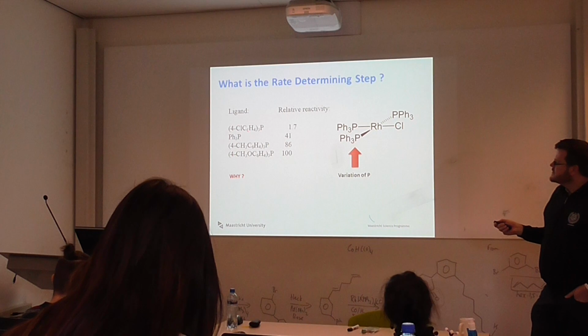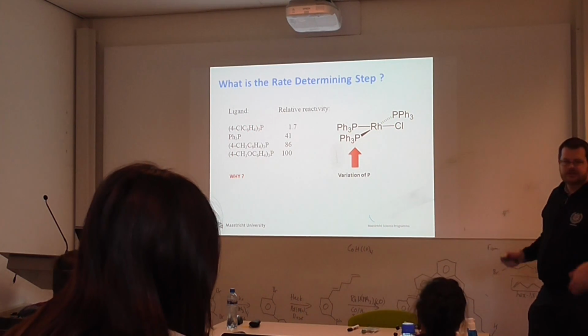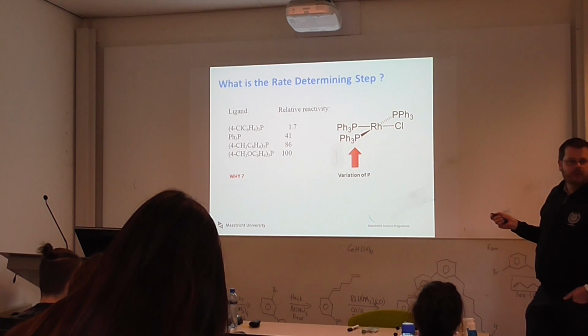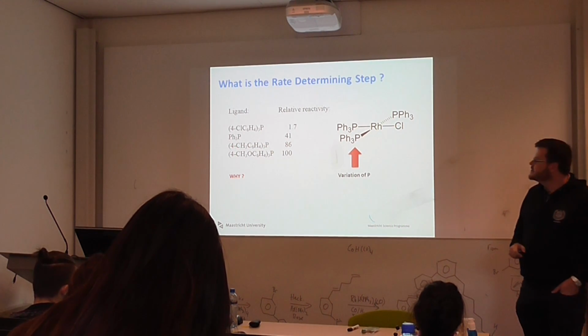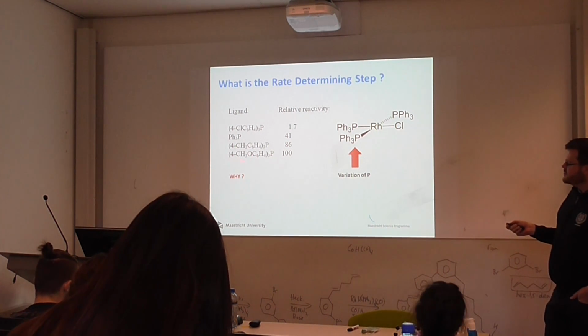If we decorate the phenyl ring of the phosphine in the para position with chloride, it goes down to 1.7. If we decorate it in the para position with a methyl group, it shoots up to 86. And with a methoxy group, it shoots up to 100.